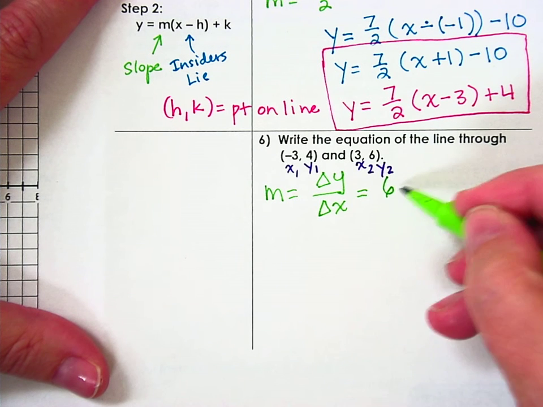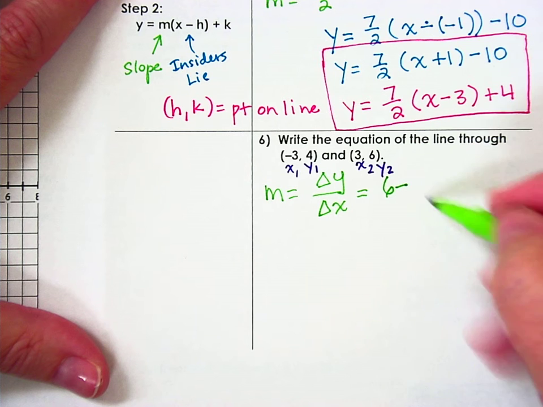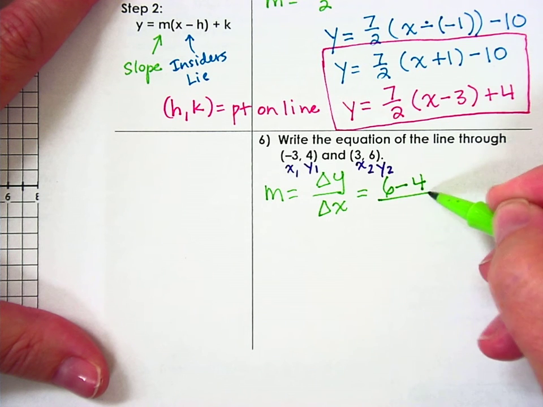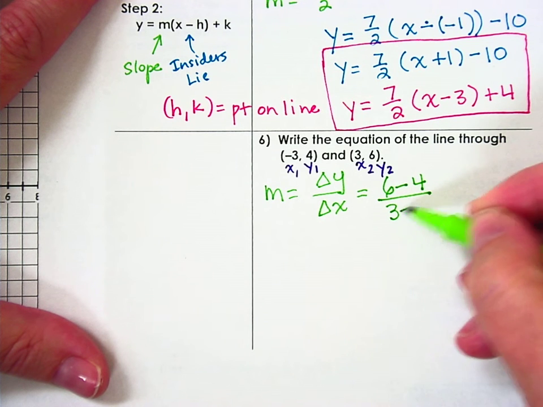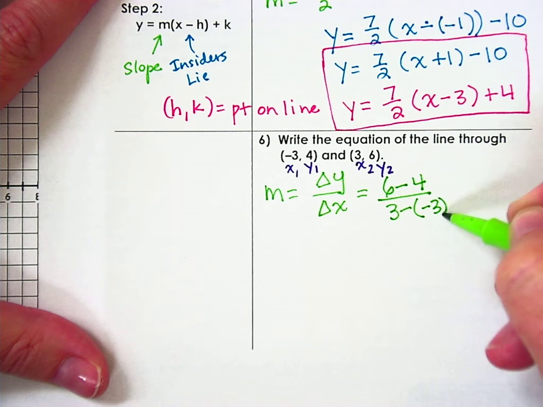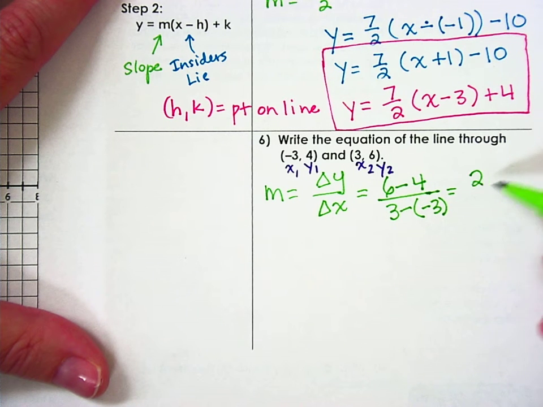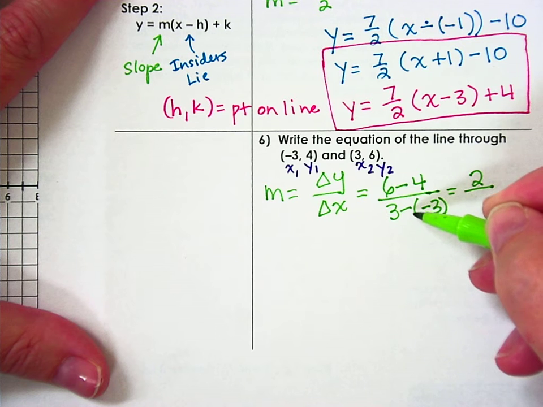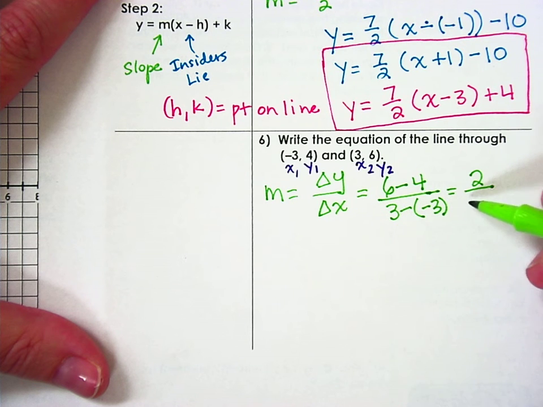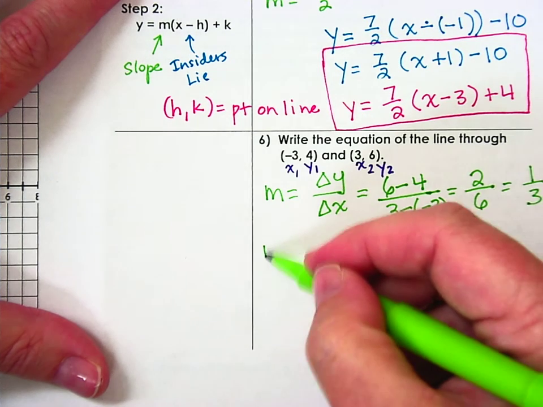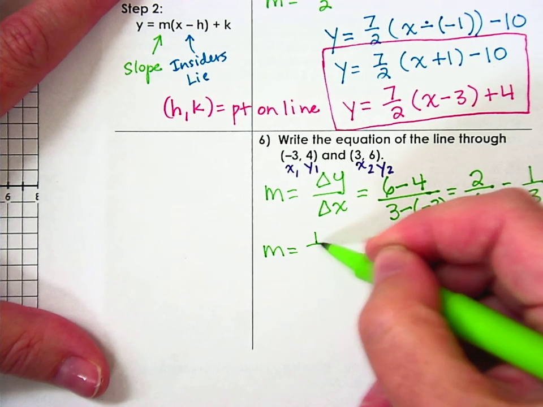So 6 minus y1, which is 4, over 3 minus negative 3. So in the numerator I have 2. In the denominator this becomes plus, so this becomes just a 6 and reduces to 1/3. So my slope then is 1/3.